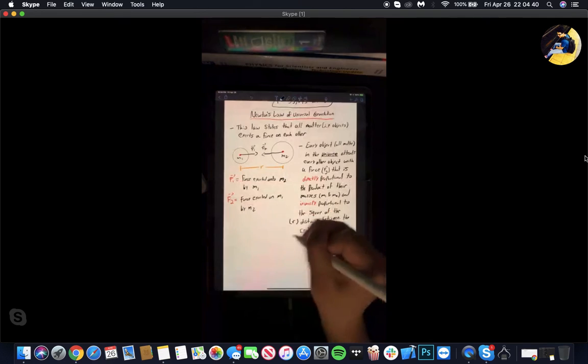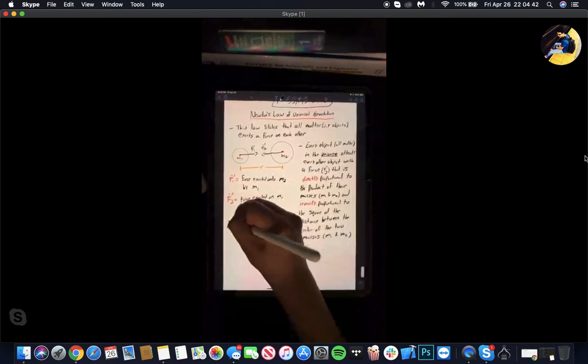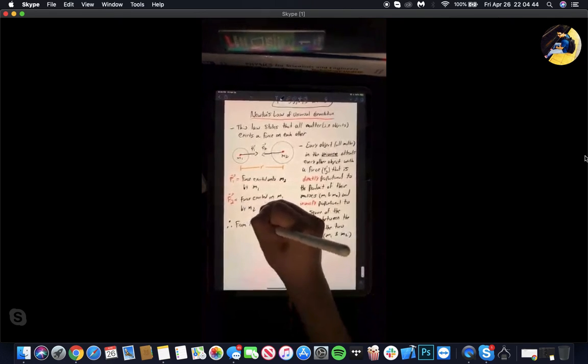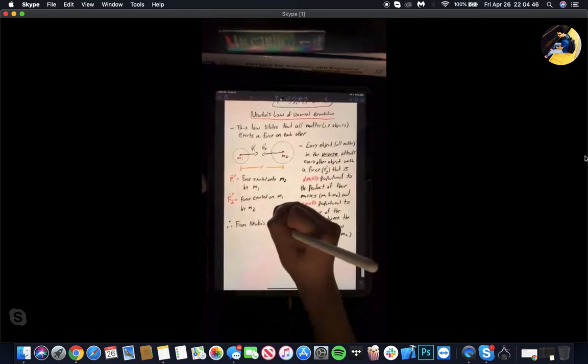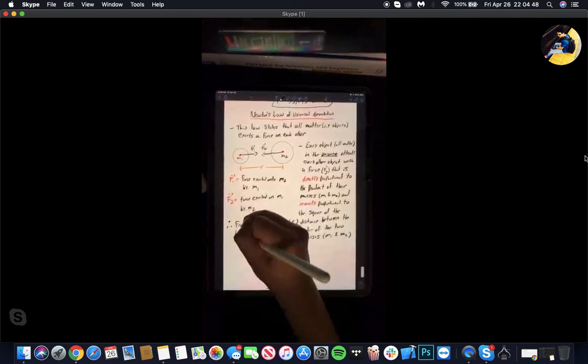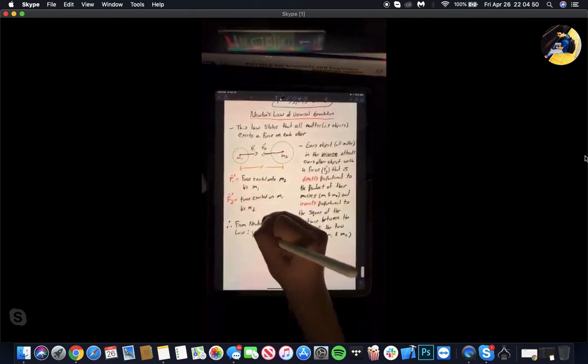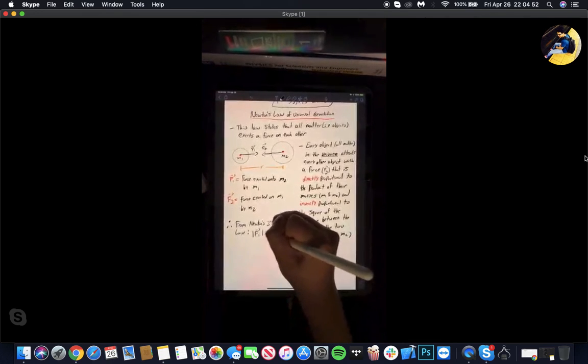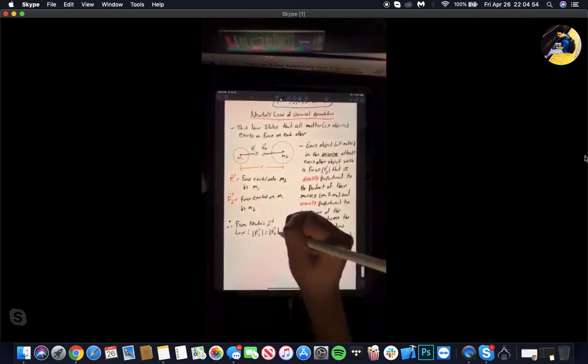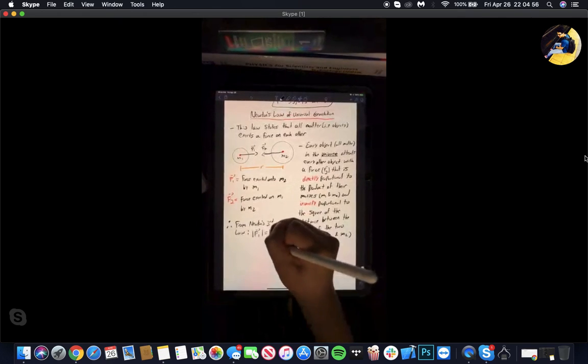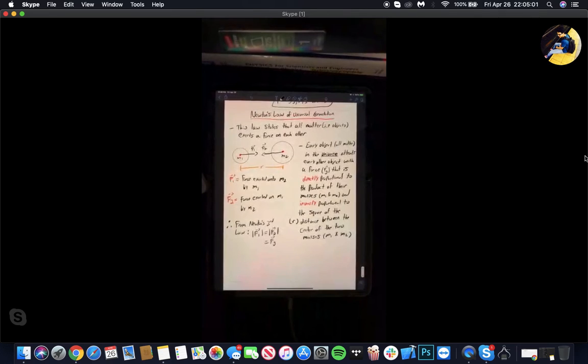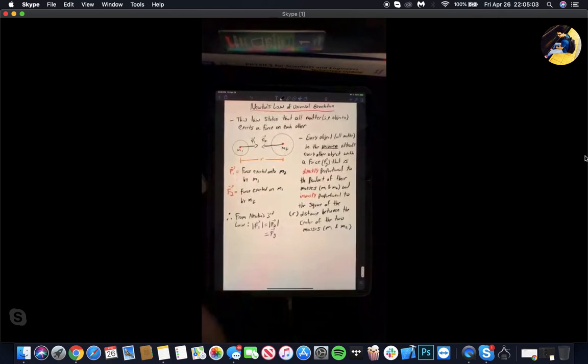So from Newton's third law, the magnitude of force 1 equals the magnitude of force 2, which just equals the force of gravity, because these are forces they're exerting onto each other.